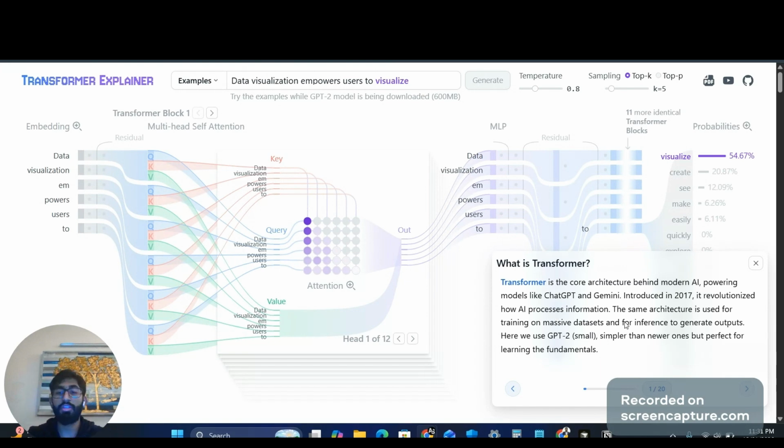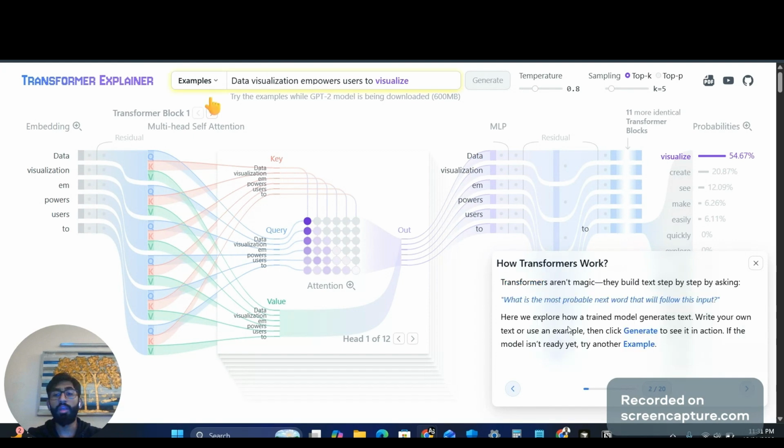The same architecture is used for training on massive data sets and for inference to generate outputs. Here we use GPT-2 small, simpler than newer models but perfect for learning the fundamentals. So this is the GPT-2 architecture, and we're going to learn more about it from start to finish.